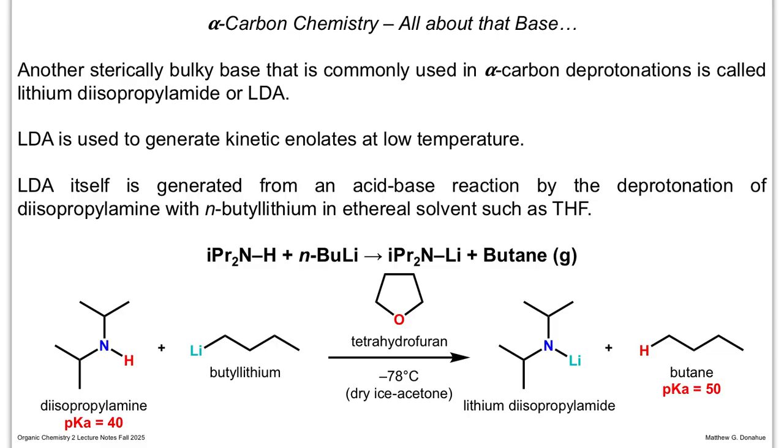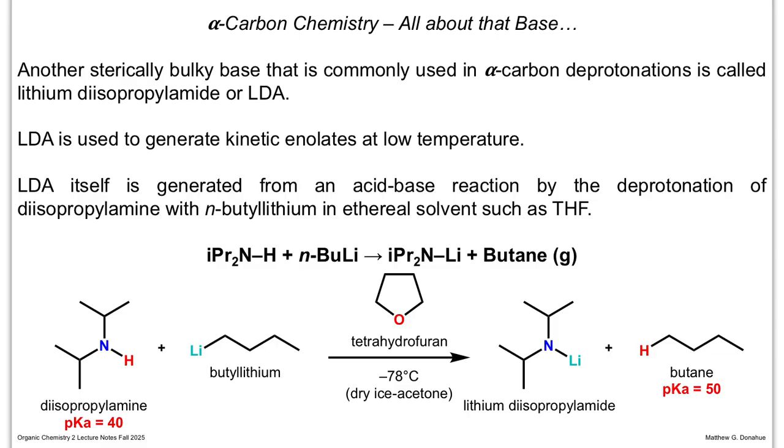So we want to look at these factors that are affecting the equilibrium and designing a reaction that's going to give the best outcome. So we've seen 2 bases so far. Sodium ethoxide in ethanol generally leads to an equilibrium. The sodium hydride in THF will force things towards the enolate.